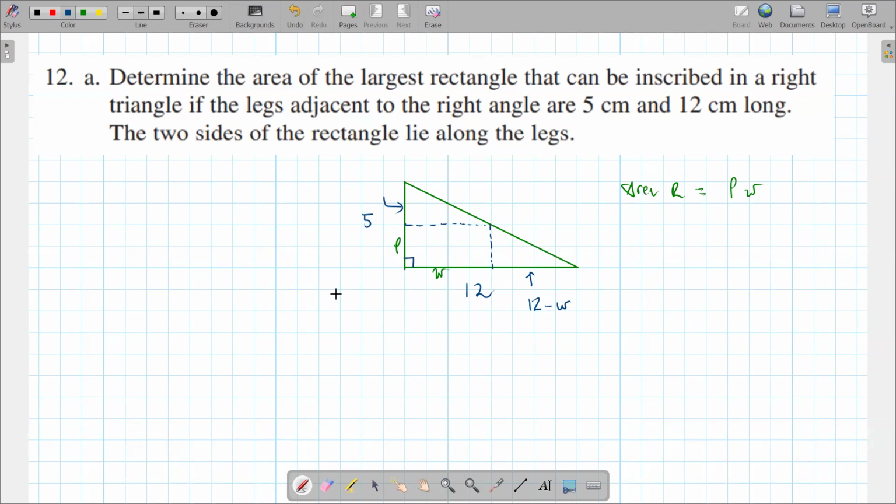Let's do 5 minus L, because L is less than 5. You see what I mean? L minus 5 would give you a negative number, because from this diagram, L is much smaller than 5.